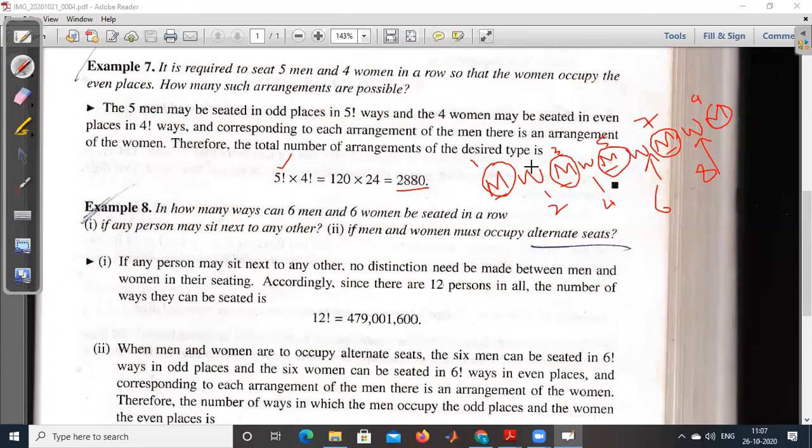Among themselves they can arrange in 5 factorial ways for the men and 4 factorial ways for the women. So 5 factorial into 4 factorial is 120 into 24, that is 2880 different arrangements.